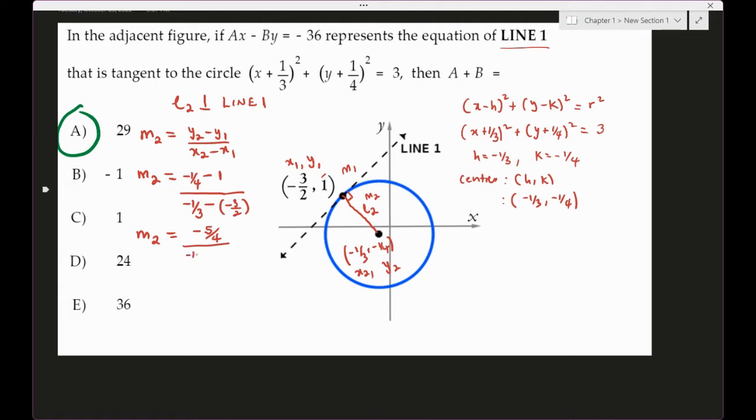Then here we have minus 1 over 3, which becomes plus 3 over 2.